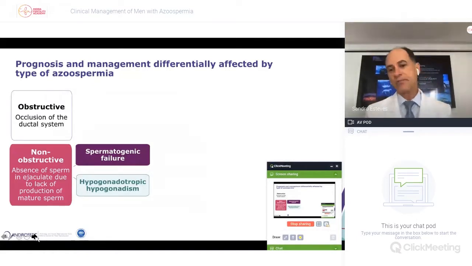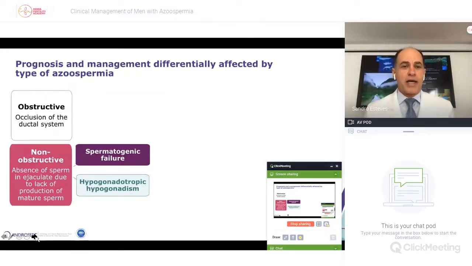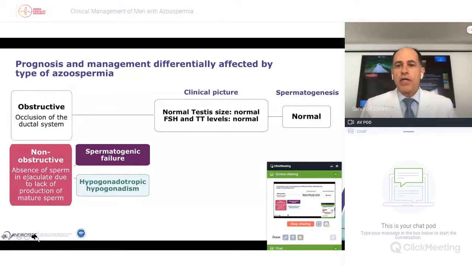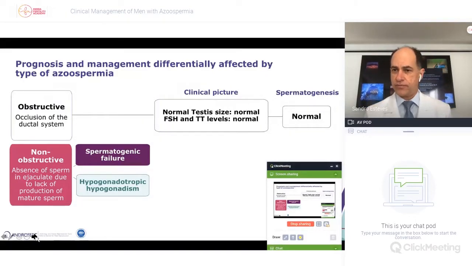Why is that important? It's very important because prognosis and management of azoospermic patients will be affected by the type of azoospermia. Obstructive azoospermia refers to occlusion of the ductal system. In this case, the clinical picture will be a patient with normal testicular size, normal FSH, and total testosterone levels.